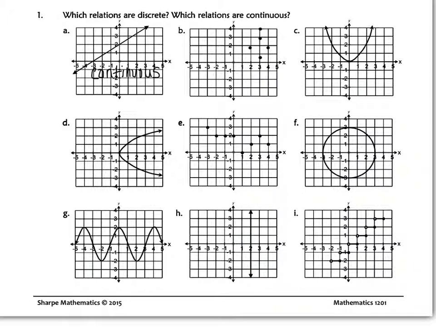They're not connected, so that would be discrete data. The next one shows a graph with a line connecting all the points, so that would be continuous data. The next one as well, all the points are connected with a solid line here, so that would be continuous data.